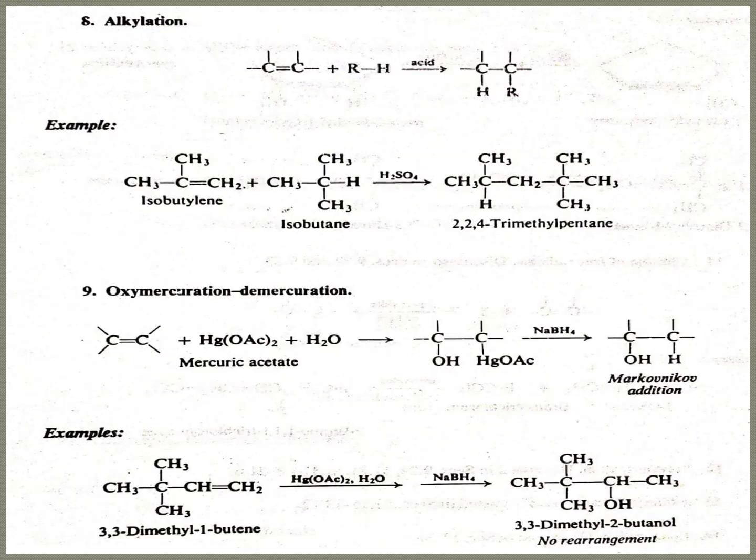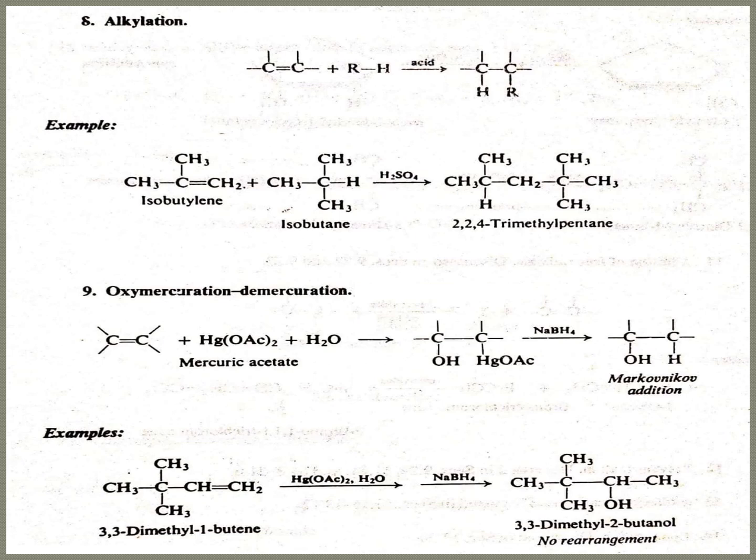Next is alkylation. An alkane is added to an alkene and a bigger alkane is formed. You can see the example. Next is the oxymercuration-demercuration reaction. Here the alkene is reacted with mercuric acetate and water and a product is formed.